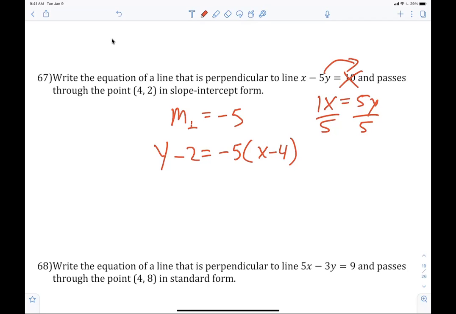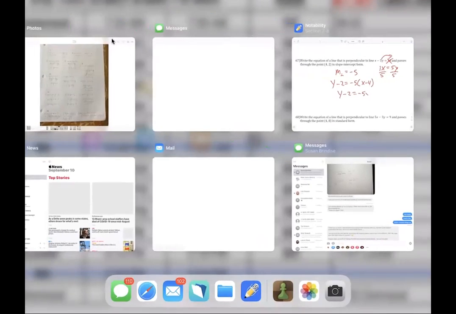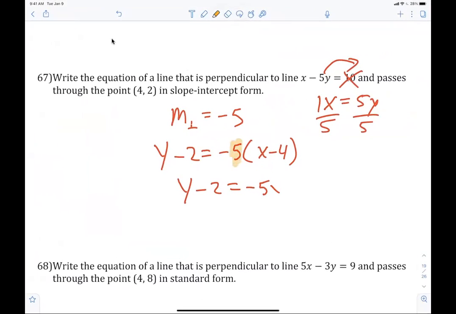Okay, so I don't remember who was on this. Who was doing, okay, now what? It's y minus 2 equals 5x minus 20. Now you keep putting the slope as positive, I believe. You told me the slope was negative, right? Oh, I forgot to write down negative. So now it's negative 5x plus 20.